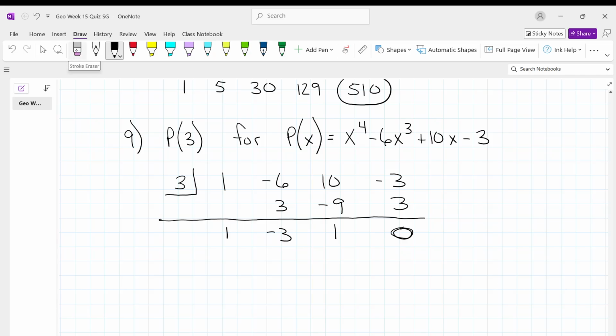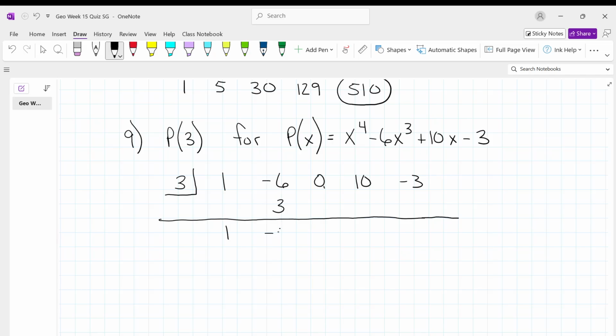So what we're going to do here, since we're missing the x squared, we're going to do the same thing we do when we divide. So we've got the 1 from the x to the 4th, the negative 6 from the x to the 3rd. We got to use a 0 for the x squared that's not there, and then our 10, and then our negative 3. And bring down the 1. 3 times 1 is 3.